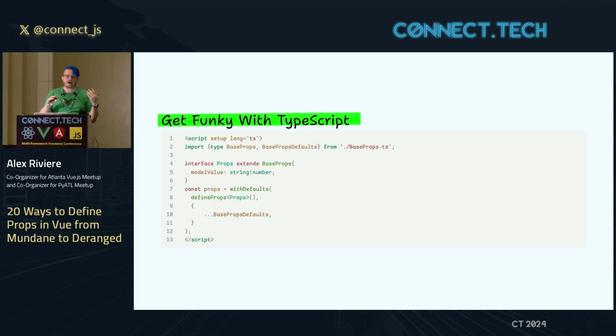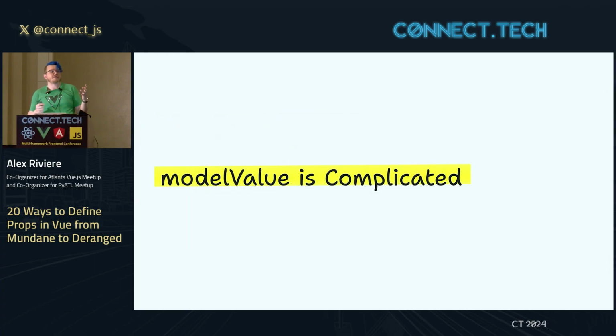Cool. Now, I mentioned before that model value is a special prop name. And I've been dealing with that so far, and I haven't really covered the need to write an emits section. So let's talk about model value a little bit. Model value is complicated. As I mentioned before, you have to define a prop called model value.